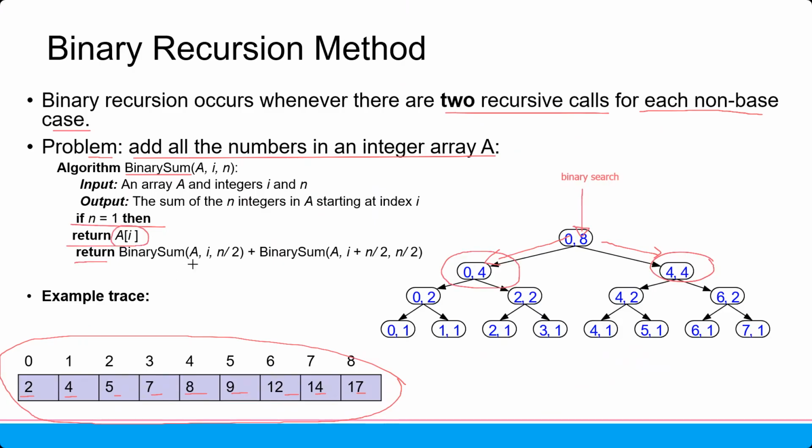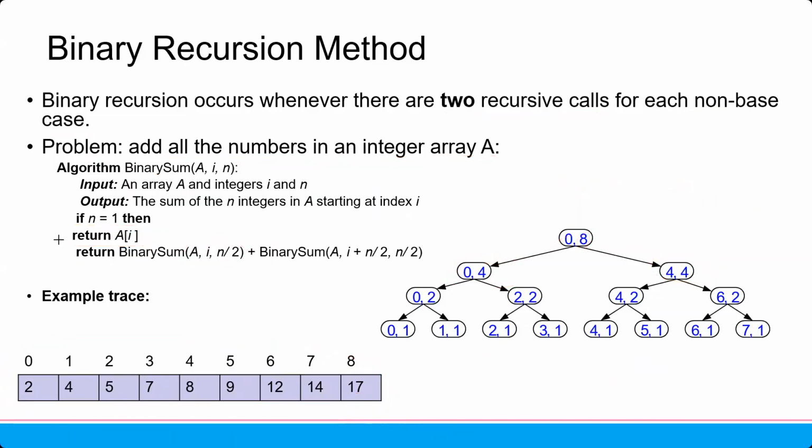If not, then return the binary sum of A from i until n divided by 2. So let's say n is 8, then 8 divided by 2 is 4. Then I will do the repetition for the binary sum from 0 to n divided by 2. The binary sum is the function name.